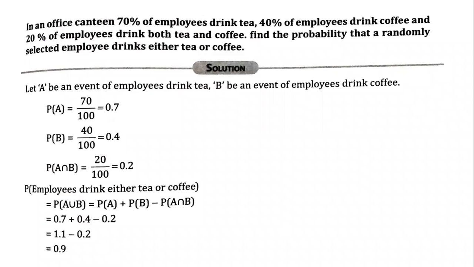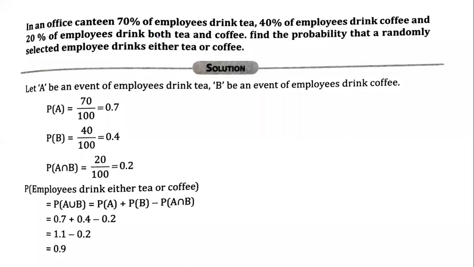In an office canteen, 70% of the employees drink tea, 40% of the employees drink coffee, and 20% of the employees drink both tea and coffee. Find the probability that a randomly selected employee drinks either tea or coffee.